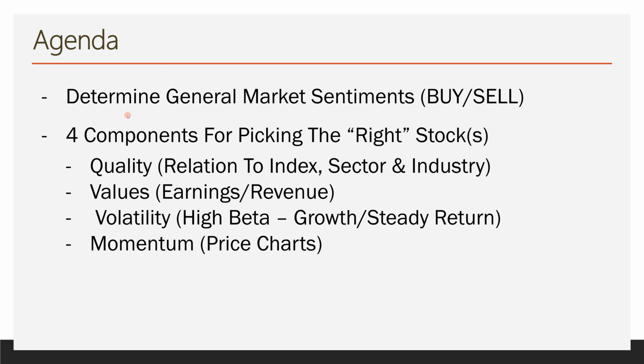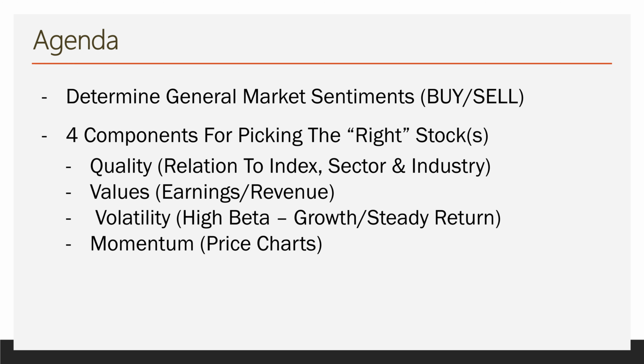The first step is to look at the market sentiment to see whether it's the right time to buy, and if you already bought, whether it's the right time to sell. Then the methodology is looking for quality: look for a quality stock to pick from.